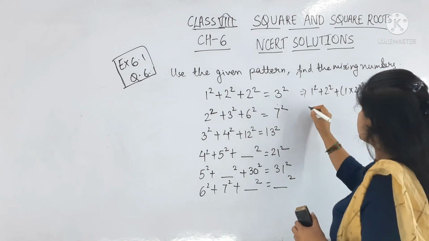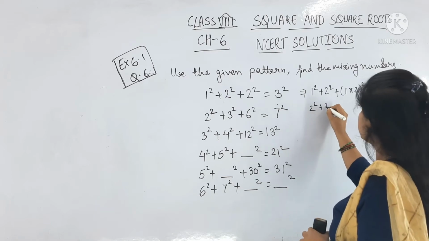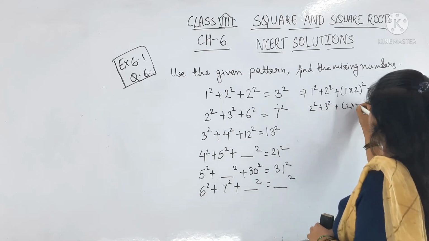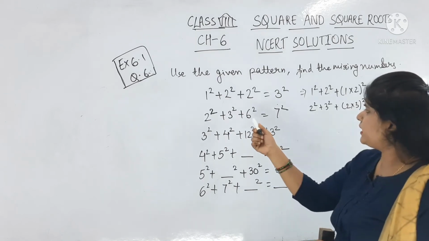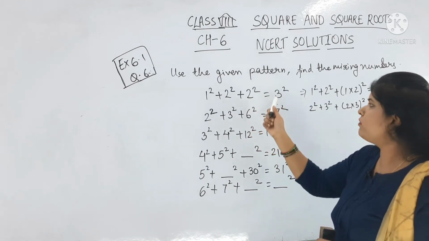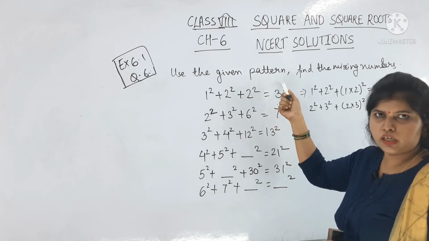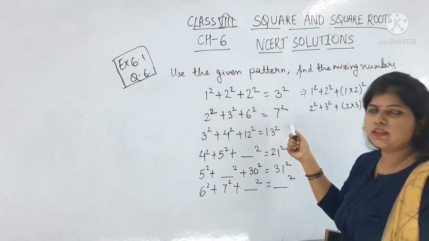Like this, 2 square plus 3 square plus 2 into 3 whole square is equal to 7 square. You can see that it is 2, so add 1, I am getting 3, so 3 square, here 6, or this is 7 square.